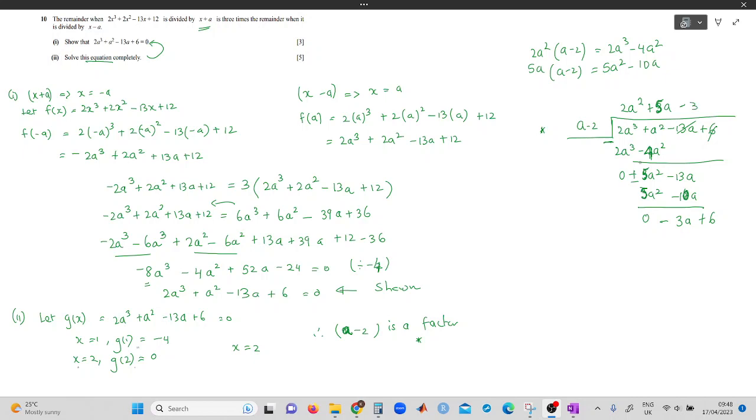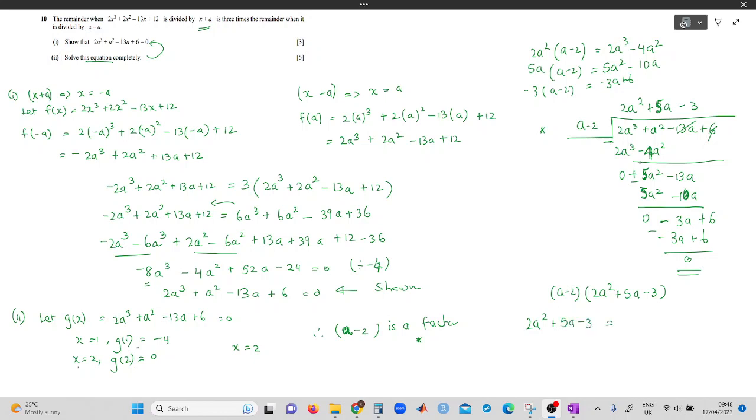Okay, and then minus 3 multiplied by a minus 2 will give me minus 3a plus 6. So minus 3a plus 6 subtracted, I will get 0. Therefore, we will get a minus 2, 2a squared plus 5a minus 3. Here I will have to solve the quadratic term.